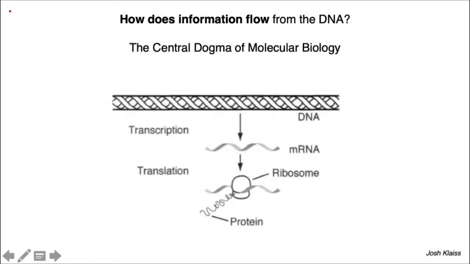The central dogma of molecular biology has been known for decades. That's the most basic way to explain how information flows from the DNA. Essentially, the DNA molecule serves as a template for RNA molecules to be produced, in the process of transcription. Once you have mRNAs, these can be translated into proteins.